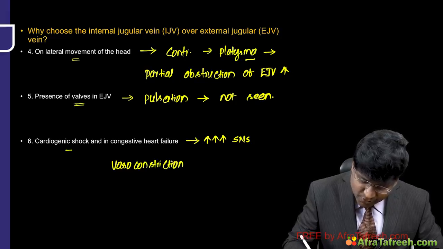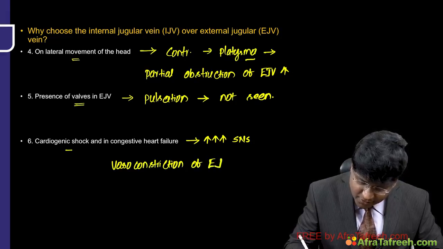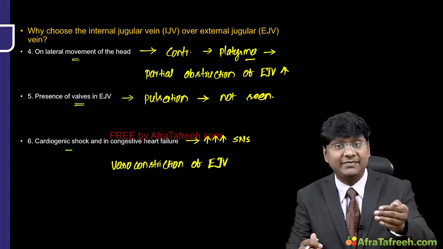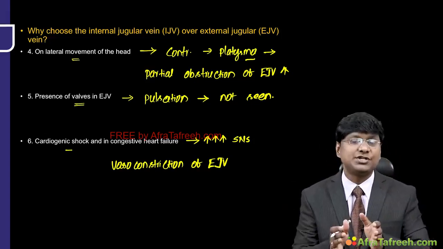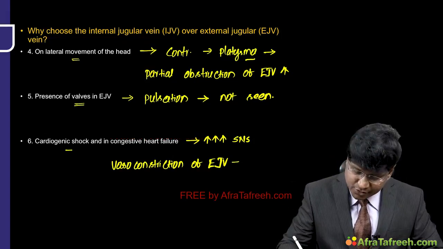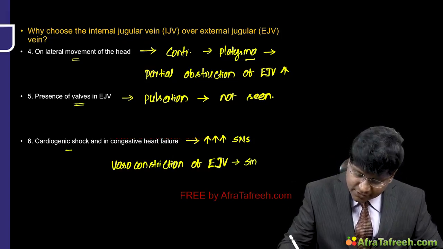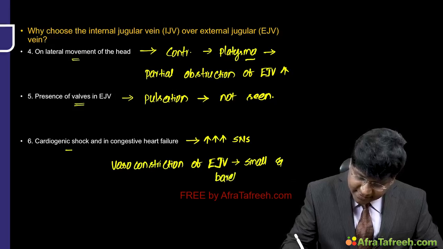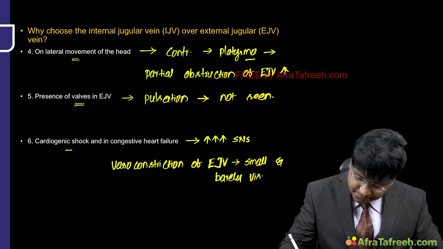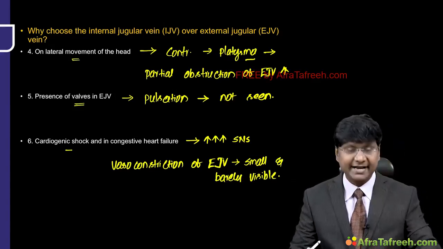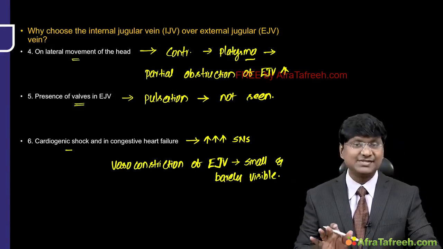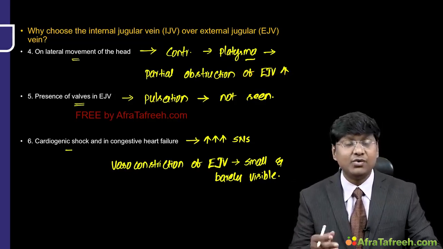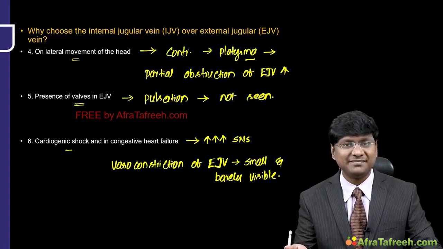So the external jugular vein will be small and barely visible, even though the pressure is elevated. So these are the reasons why the internal jugular vein is preferred over the external jugular vein.